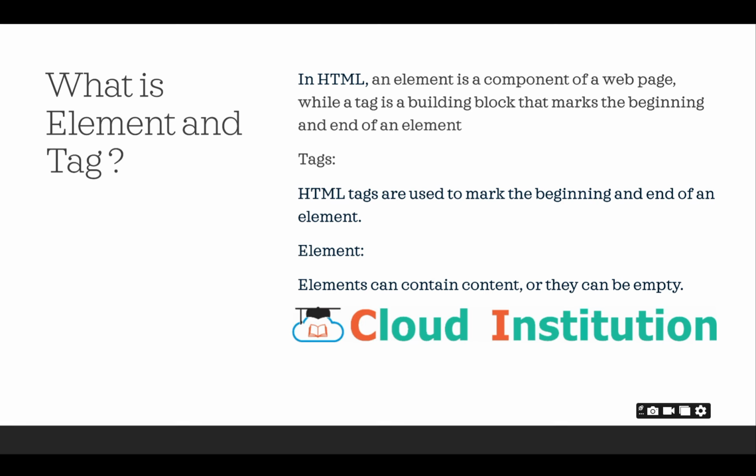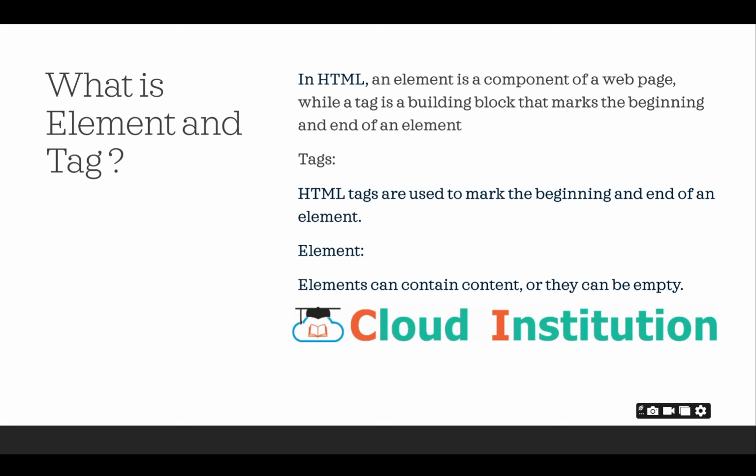Here, first of all, we need to understand what is the element and the tag. In HTML, an element is a component of the web page, while a tag is a building block that marks the beginning and the end of an element. First, we need to understand what this description is about.